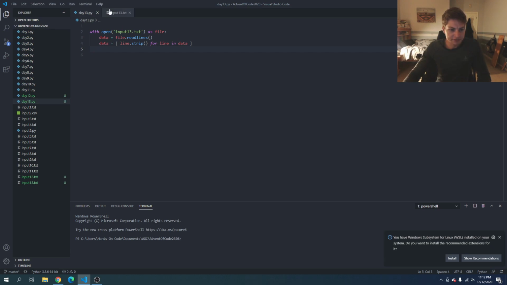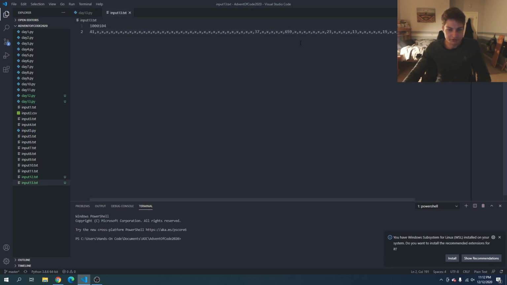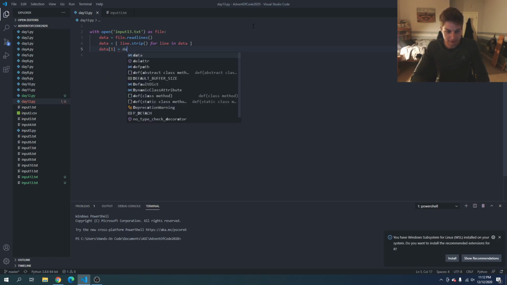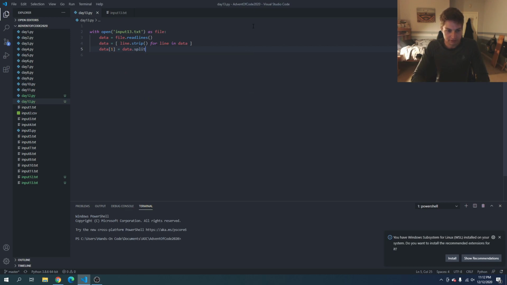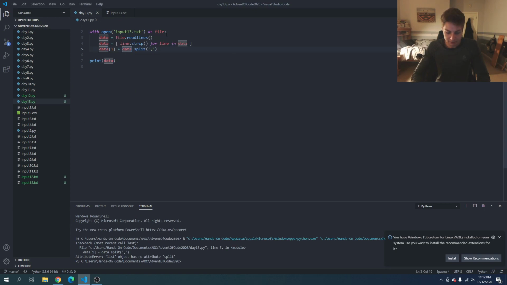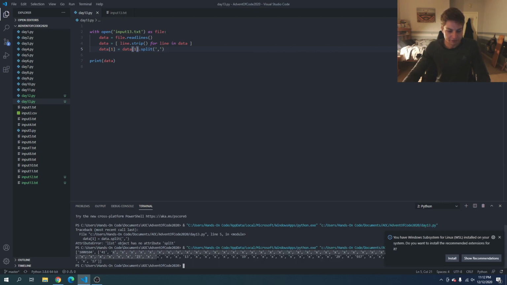And then you can see here that we have all these commas, so let's go ahead and split this up. Data 1 is going to be data1.split, and split it by the commas. So now if we go ahead and print data, let's see what that gives us. Okay, this should be data 1. Okay, so now you can see it's broken up into lists.